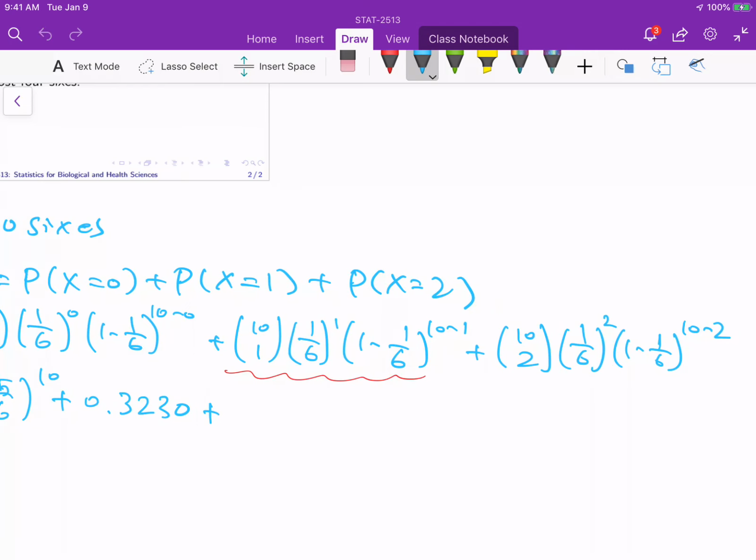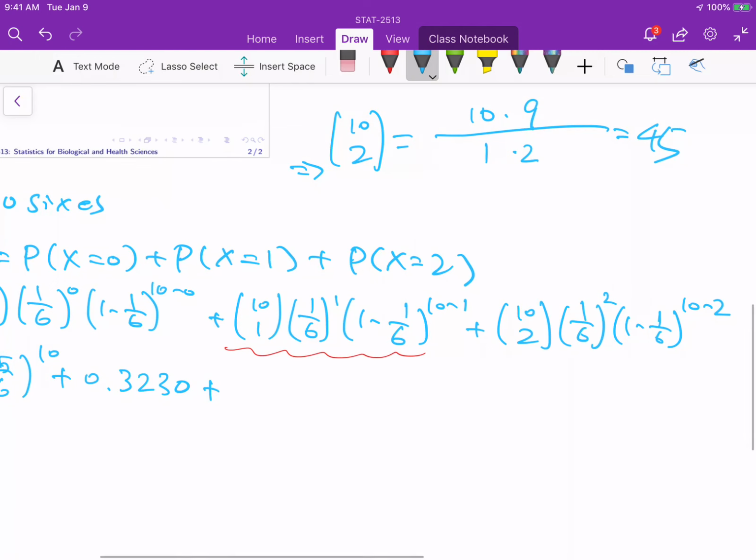Then plus, for the last one, 10 choose 2. Because k is 2, both the numerator and denominator involve 2 integers. The numerator counts down from 10, so 10 and 9, and the denominator counts up from 1, so 1 and 2. You do the math and this is 45. So 45 times 1/6 to the power of 2 times 5/6 to the power of 8.